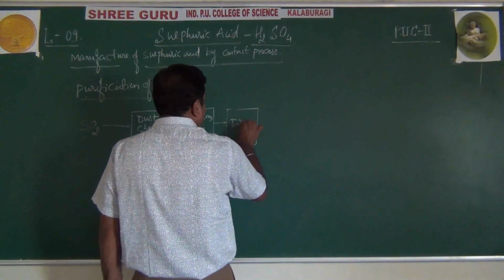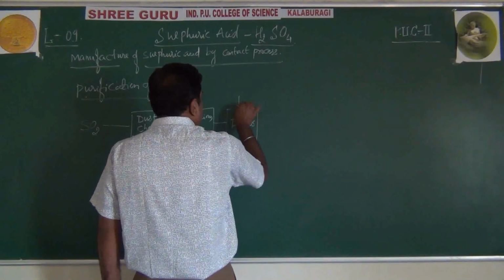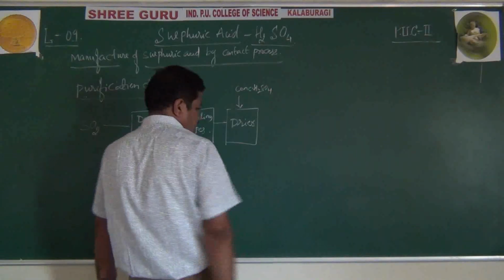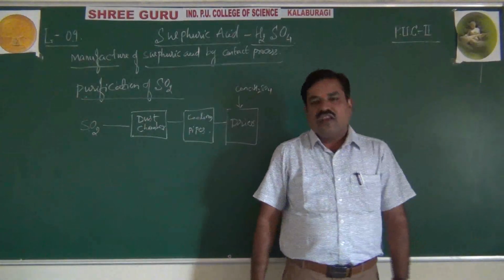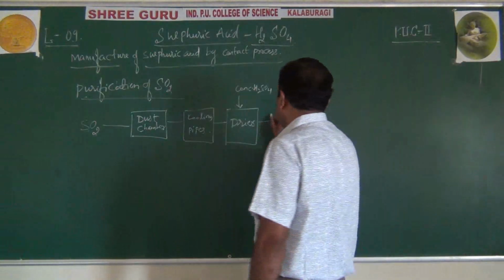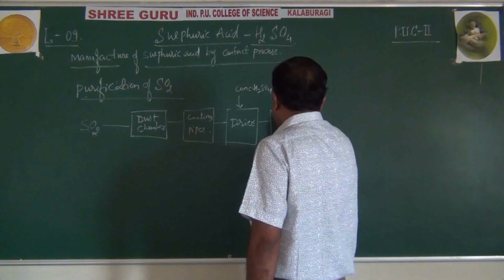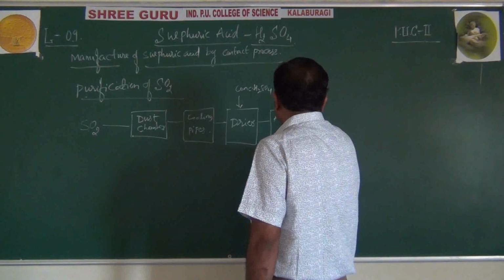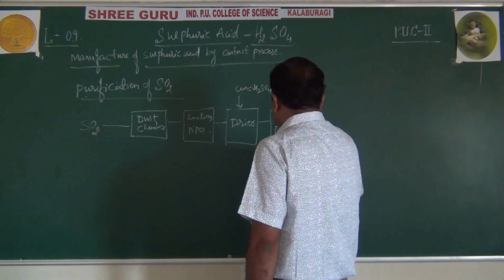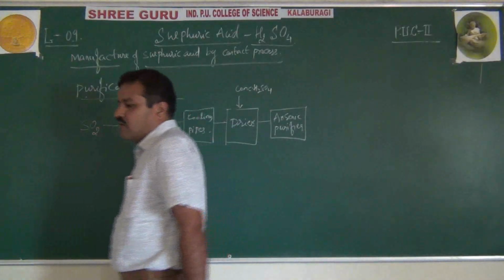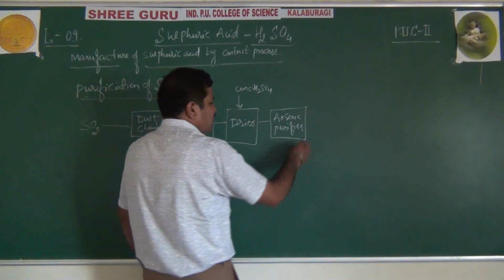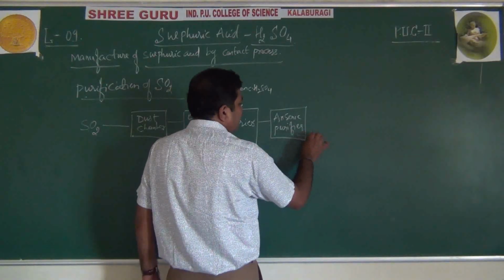After cooling, it is passed through the dryer. There we pass concentrated sulfuric acid. That means in the dryer, H2SO4 will absorb moisture, because it itself acts as a dehydrating agent. After that, it is passed through the arsenic purifier, to remove arsenic, which is a very important poison for the sulfur dioxide catalyst.